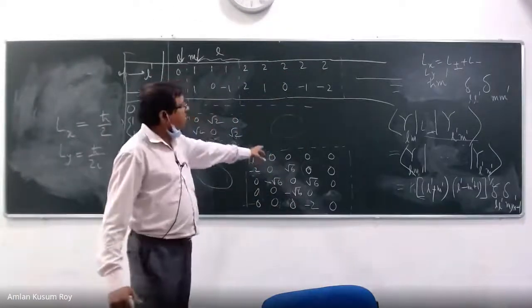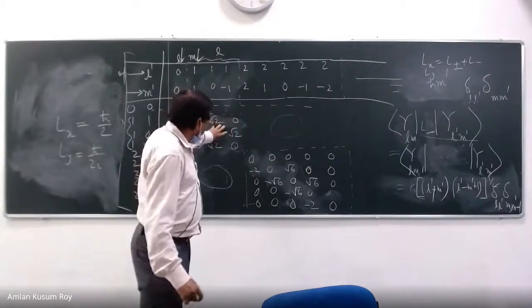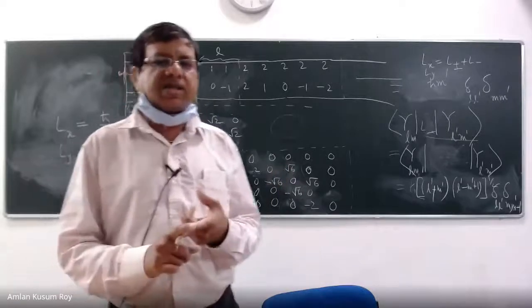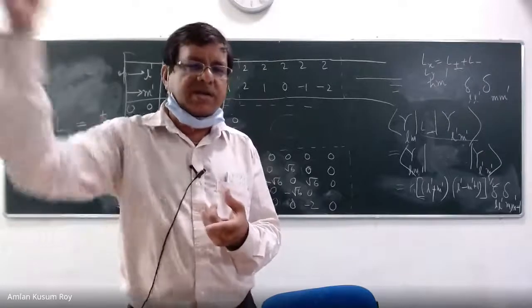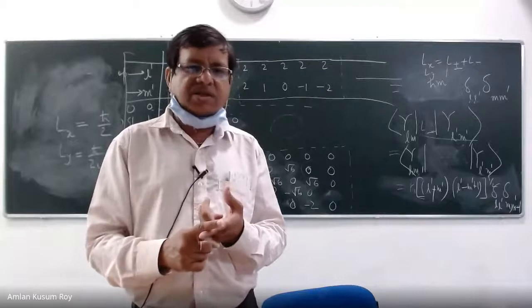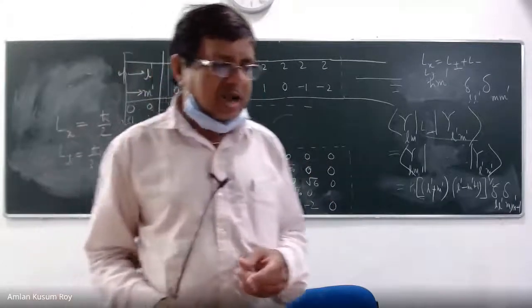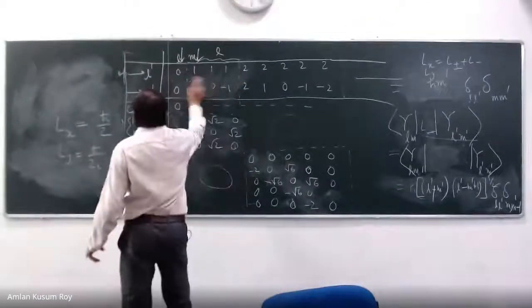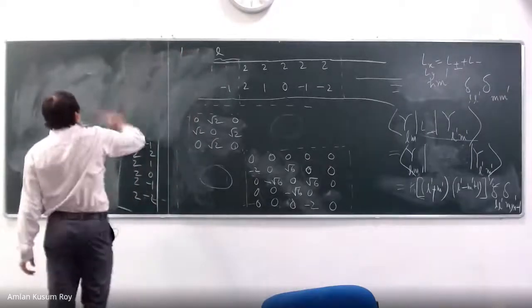But the problem is that these dimensions will not be the same, because your L takes values 0, 1, 2, 3, etc., while your S takes the value half for the spin. So the dimension of these matrices will be different. When the time comes, we will also write the matrices for the S.